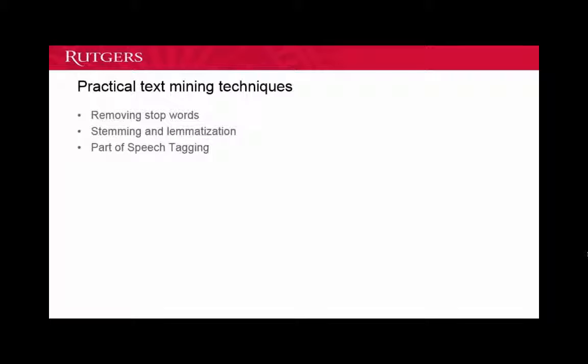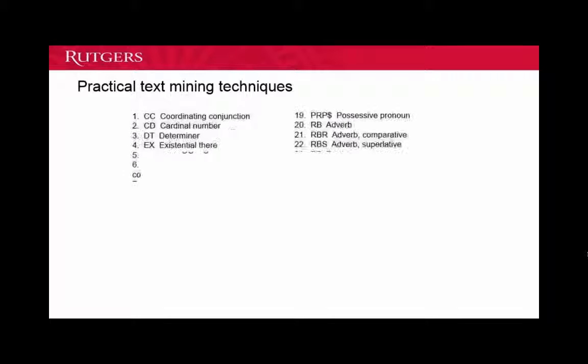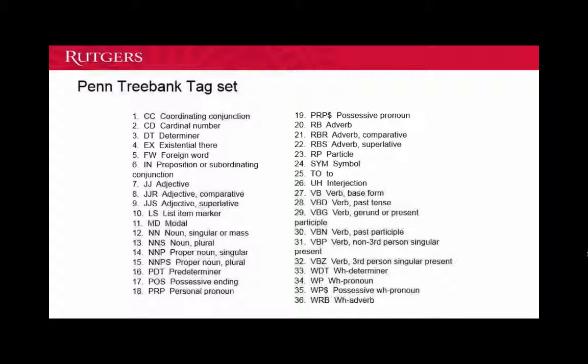Also, what hasn't been used a lot in the literature and in accounting is something I do a lot. Once I publish my studies, it'll be in the literature. It's part of speech tagging. I talked about it a little in the last class, so this is a little more detail. In part of speech tagging, you assign a part of speech to every word in a document.